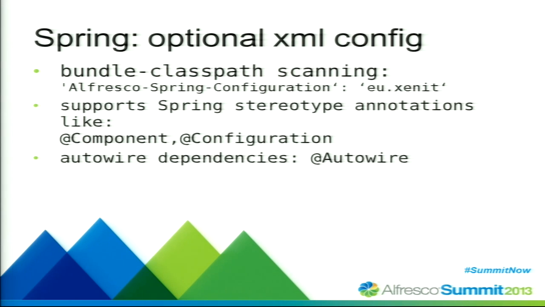But in this OSGi context, we can keep this scanning very narrow because we know it's only inside the bundle itself, which is very small. It only contains our code that we wrote and not the dependencies that we need. So it's very fast, and that's what enables the whole @Component, @Autowired dependency injection.